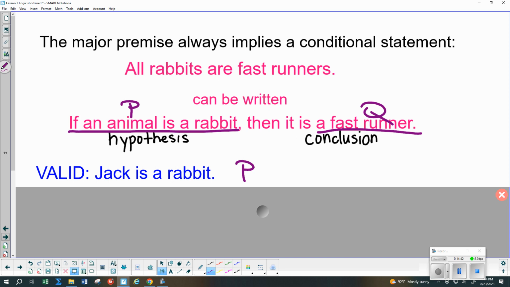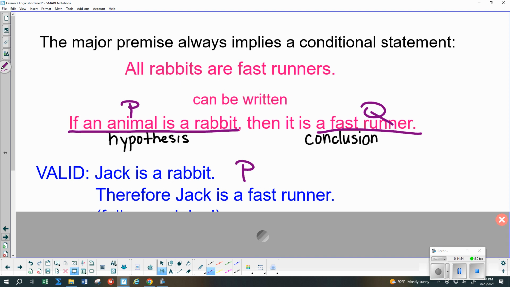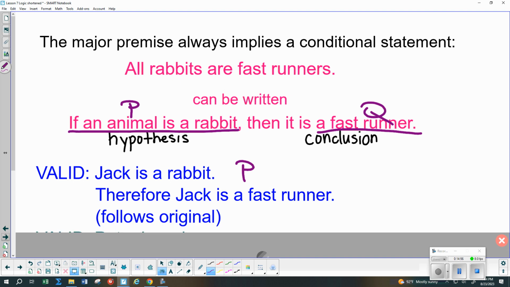The Q. So it needs to match being a fast runner, so give me a valid conclusion. Therefore, Jack is a fast runner. That would match the original, and that would be what we'd put down as the reason. So if the book said all rabbits are fast runners, Jack is a rabbit, therefore Jack is a fast runner, we would say valid because it follows the original.